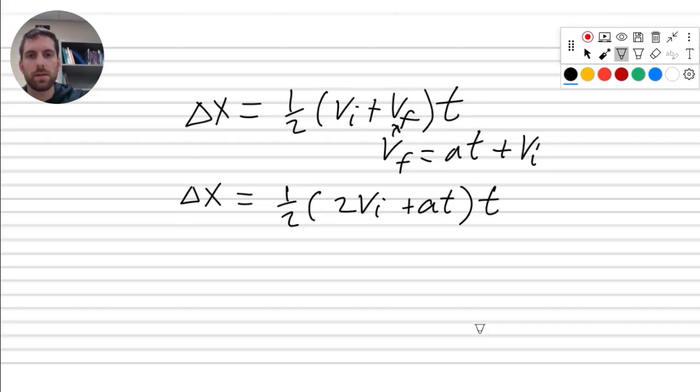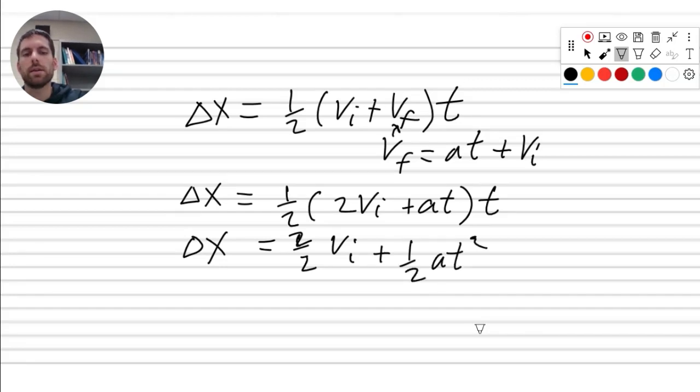So nicely, we distribute this 1/2 and this t to everything, and we'll get 2 over 2 v initial t plus 1/2 at squared. So another way to do that. And we can also subtract this delta x, because to use that equation, we have to have delta x on both sides. And we have to set it up like so.